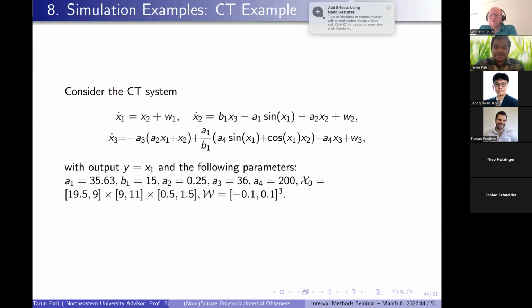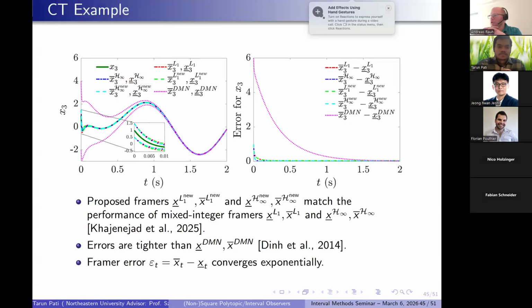The other question that I have concerns this comparison. You mentioned you compared it with a work of Tuck from 2014. Which type of observer did Tuck use in this case?